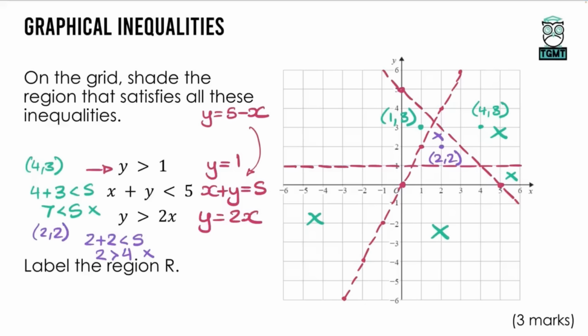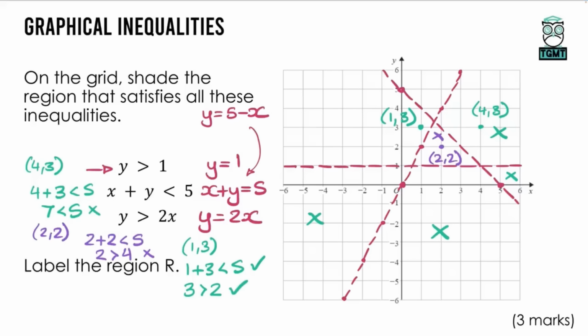So if we put it into the x plus y is less than 5, and this is the coordinate 1, 3 that we're using, we get 1 plus 3 is less than 5, which it is, that's correct, that's 4 is less than 5. And for the other one, y is 3, so 3 is greater than 2 times 1, 2. 3 is bigger than 2, so there we go, thankfully we've got it.